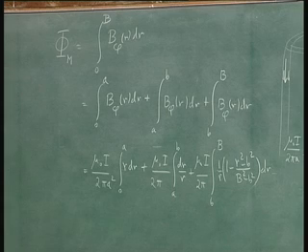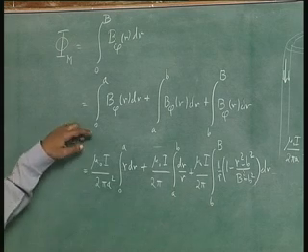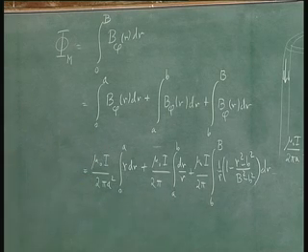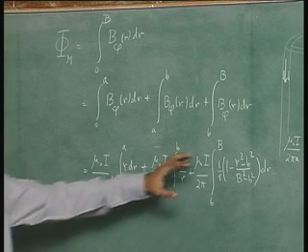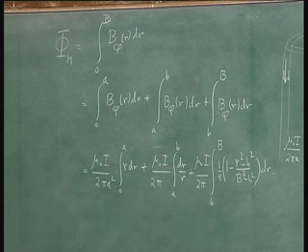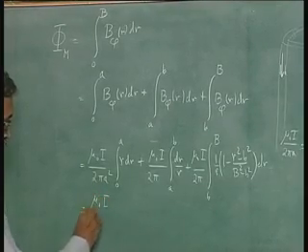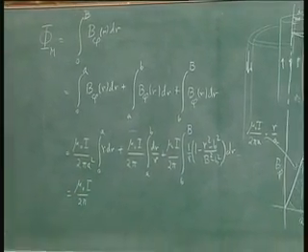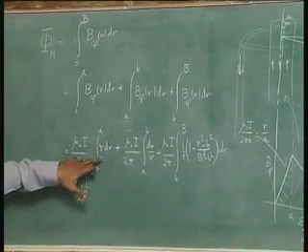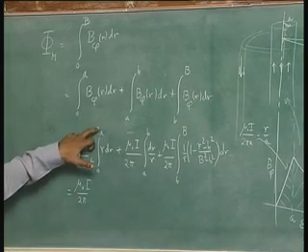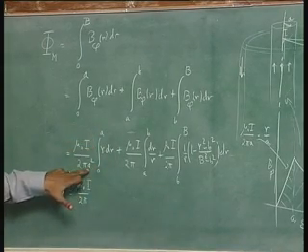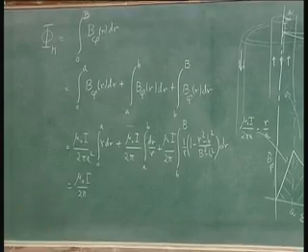So, there are 3 terms, each of them is multiplied by mu naught I over 2 pi, but they have different dependencies on a and b. If I write it out again, it is mu naught I over 2 pi, and this becomes r squared over 2 between 0 and a, so it is a squared over 2. The a squared cancels with a squared, so you just get a half.